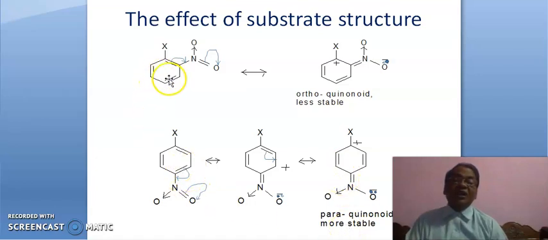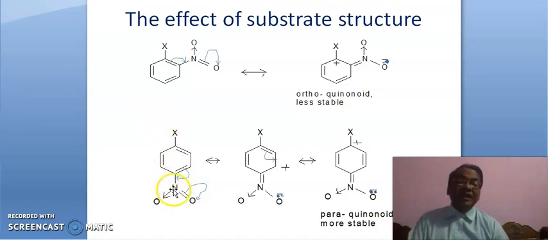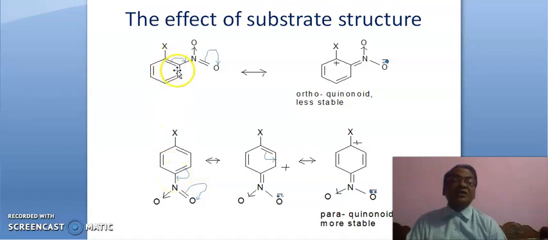Therefore, you can say that both the substrates, this and this, are reactive in comparison to chlorobenzene only. But if nitro group is present at para position, it will be more reactive than this.